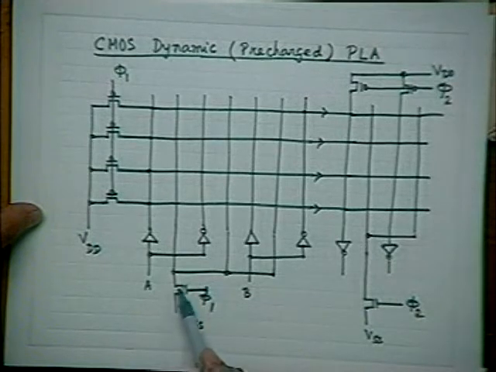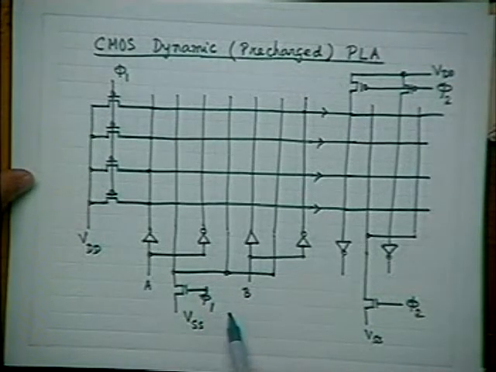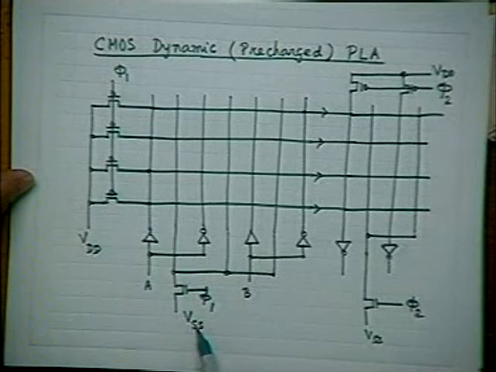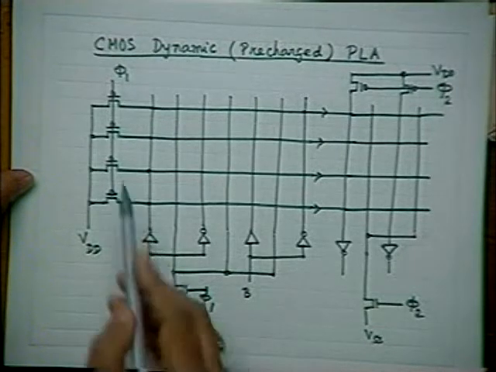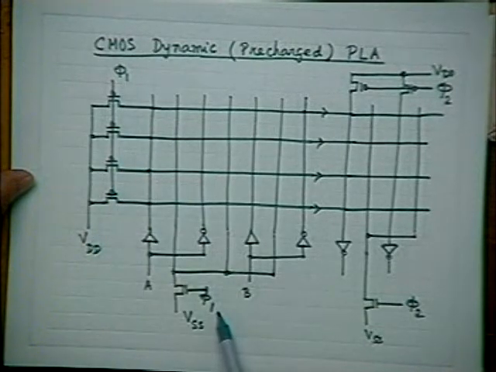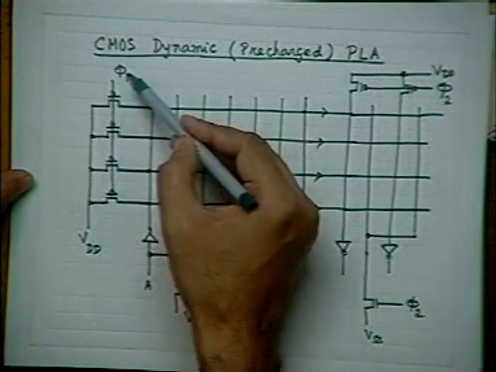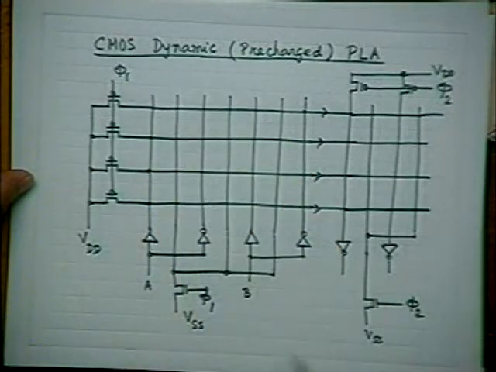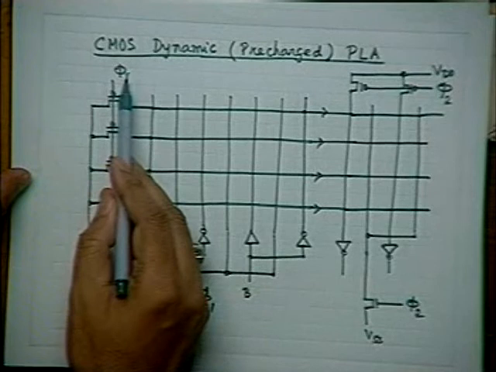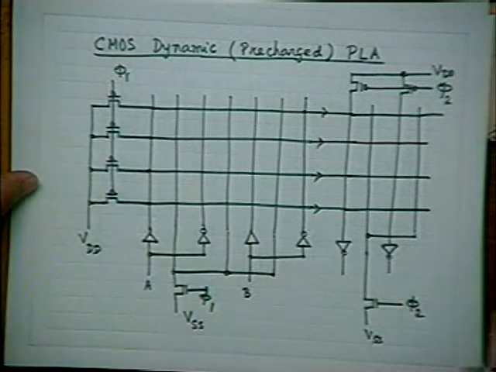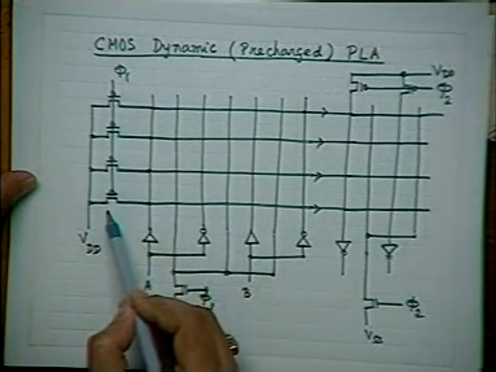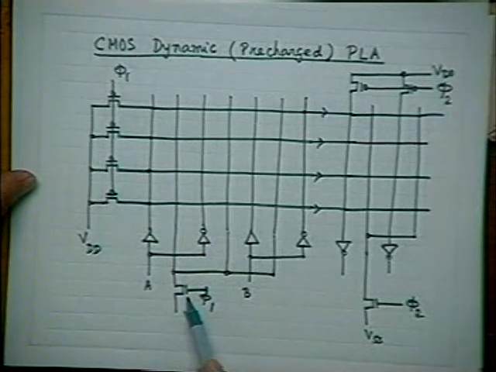Whereas these transistors, which are returned to VSS, are again driven by the same clock phi 1. So when phi 1 is 0, these transistors are on and this transistor is off.